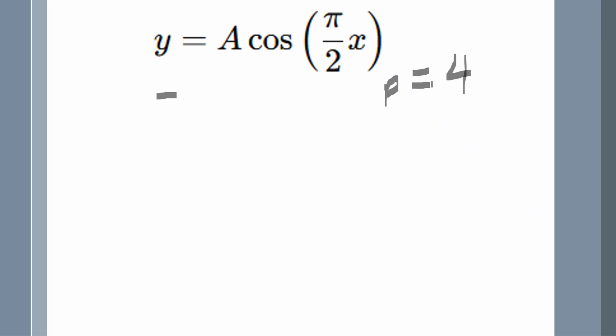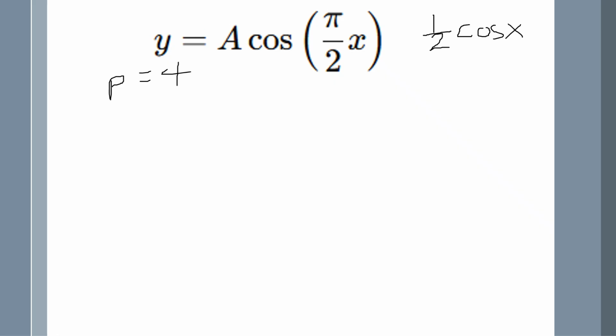So I'm going to show you how to do that. When you create your equation, you know that your amplitude is going to be 1/2, so you'll put 1/2 in front, so 1/2 cosine x. But we're not done yet because we have to get a period of 4.